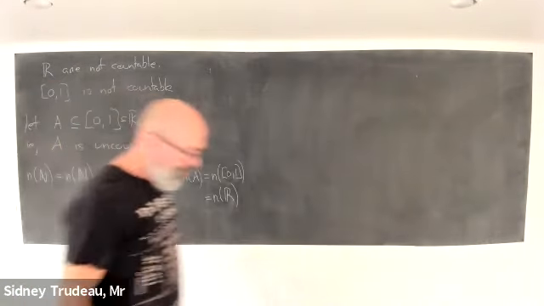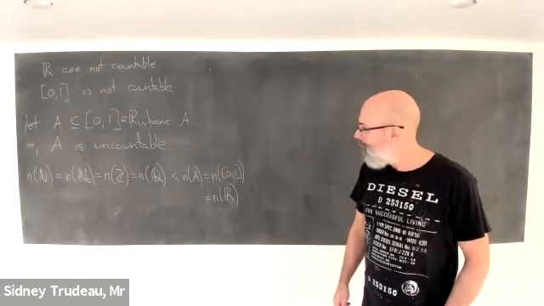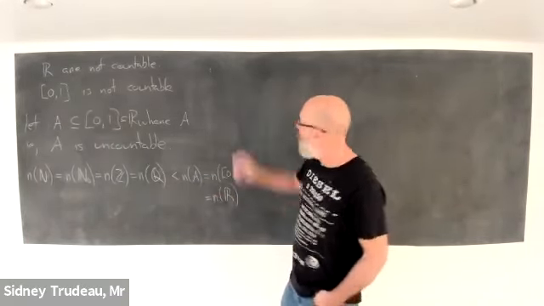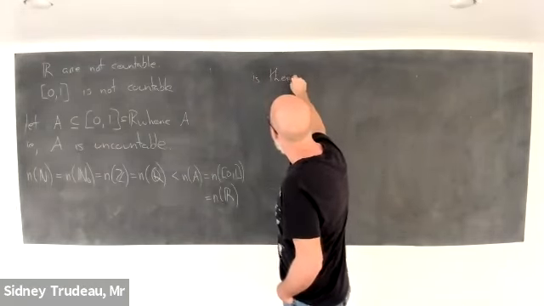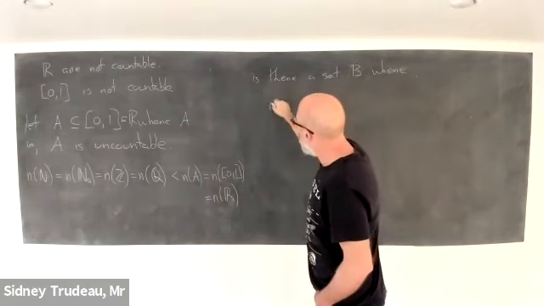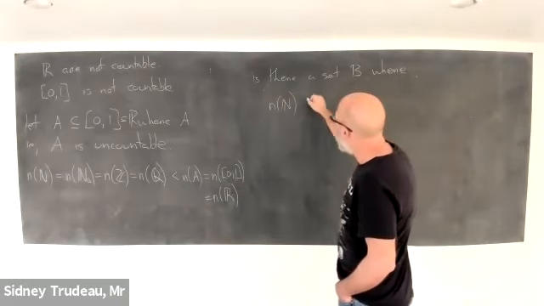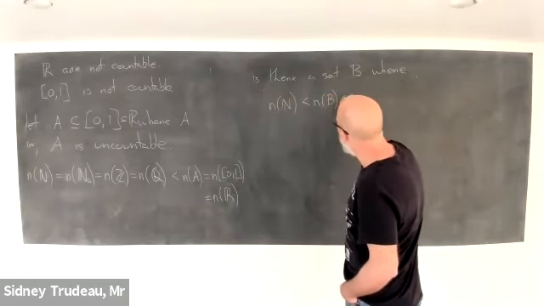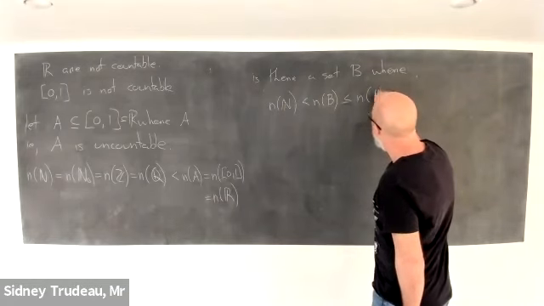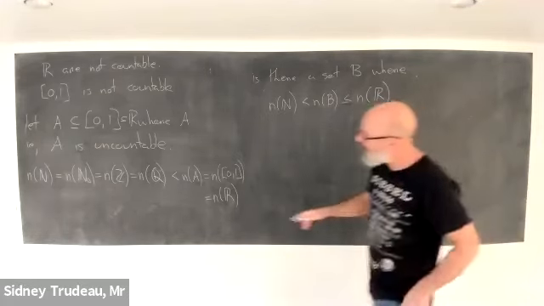And now here's an interesting question. Is there a set B where the cardinality of the natural numbers, which is the same as the cardinality of all of these, is smaller than the cardinality of B, but in other words, can you squeeze something in between these two?